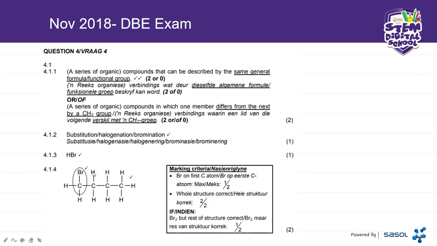Remember what an isomer is, guys. Go back to your terms that we did last week, and you'll understand. We've got 3 types of isomers: chain isomers, positional isomers and structural isomers.